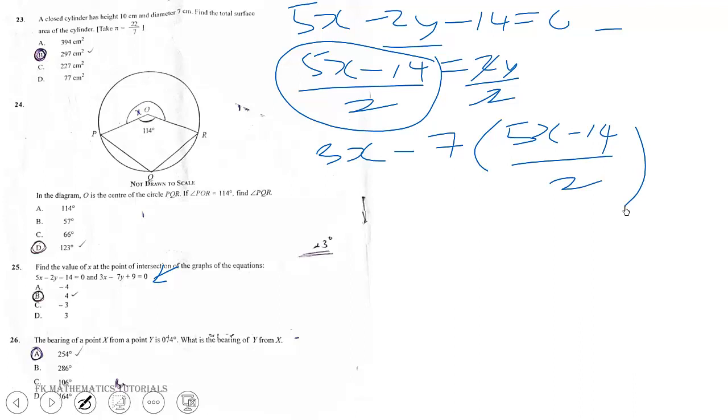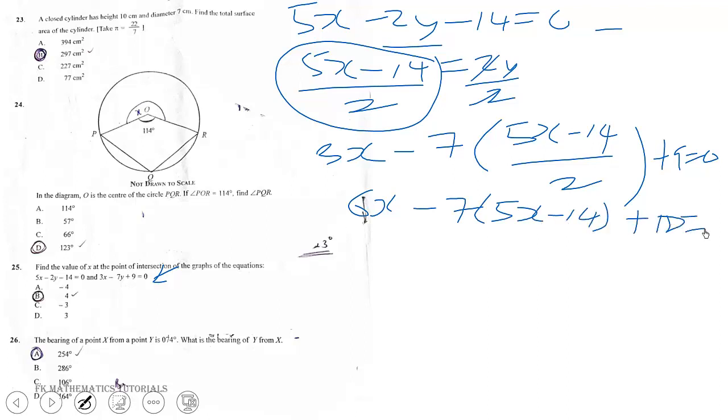So here we go. I'm going to cross multiply first. So I'm going to get 6x. Oh, I've not finished substitution. So plus 9 is equal to 0. So I'm multiplying through by 2 to get 6x minus 7 into bracket 5x minus 14 plus 18 is equal to 0.